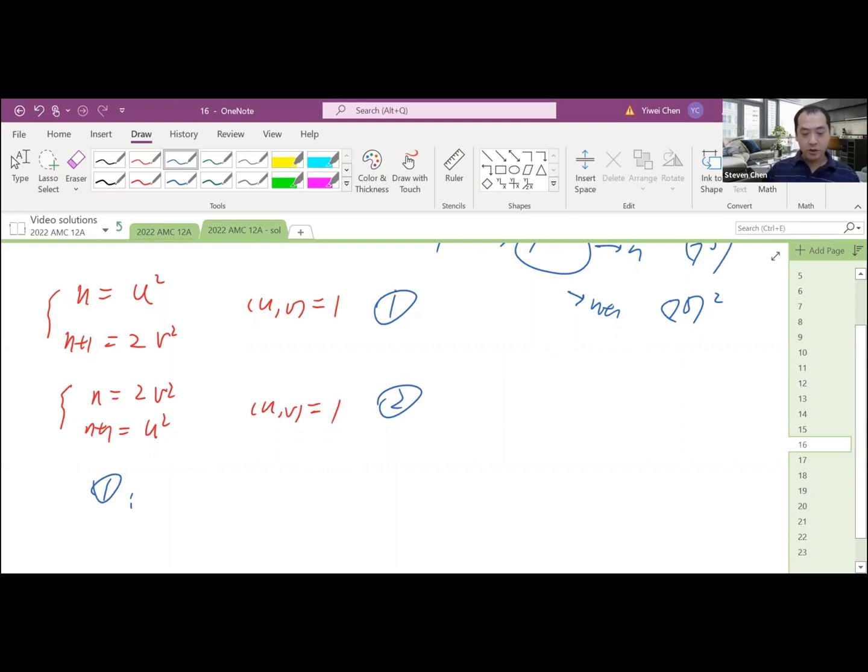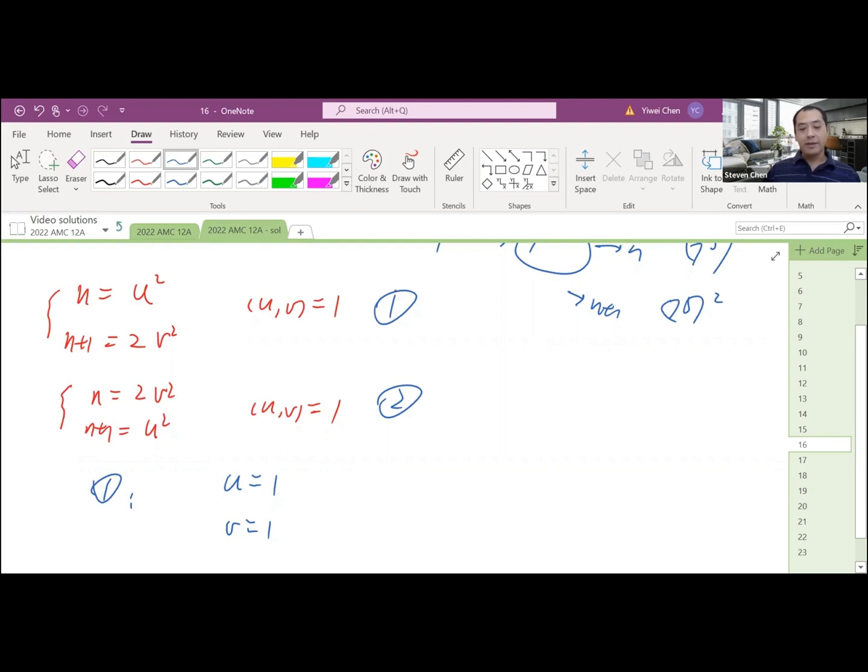Okay, so let's try it. We see that u is equal to 1. This is pretty good, right? Because n is 1, so n plus 1 is 2, so v is 1. So this is good. What about u? u must be odd, right? So let's try u equal to 3.